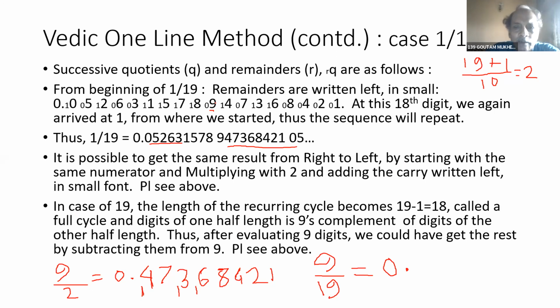So start with 9. 9 into 2 is 18. 8 I write and 1 I carry. 8 into 2 is 16 plus 1, 17. 7 into 2 is 14 plus 1, 15. 5 into 2 is 10 plus 1, 11. 1 into 2 is 2 plus 1, 3. 3 into 2 is 6. 6 into 2 is 12, 2 I write and 1 I carry. 2 into 2 is 4 plus 1, 5.